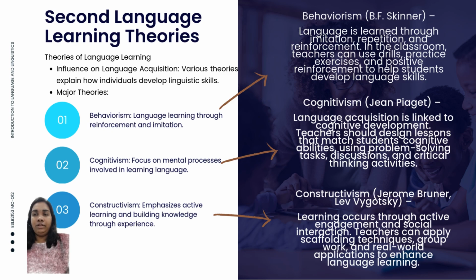First, behaviorism: language is learned through repetition and reinforcement. For example, in the classroom, teachers can use practice such as drills or exercises, or positive reinforcement, to help develop language skills for the students.